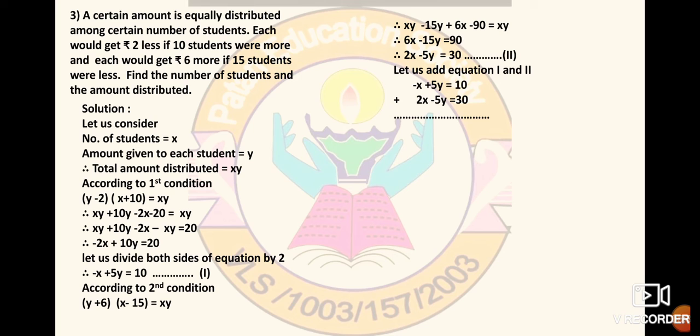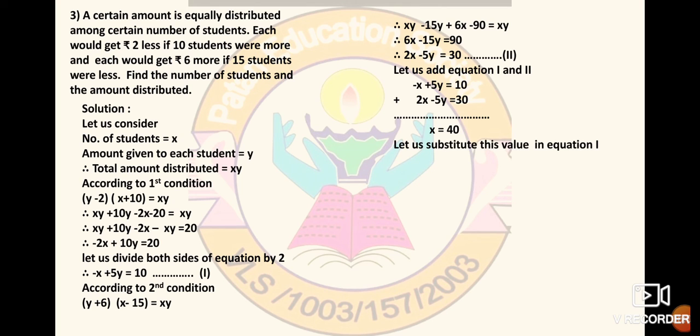Minus x plus 5y is equal to 10, and 2x minus 5y is equal to 30. Minus x plus 2x gives x. Plus 5y minus 5y gets cancelled. 10 plus 30 becomes 40.